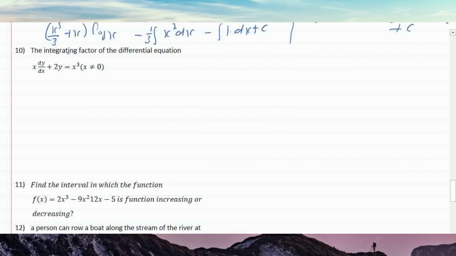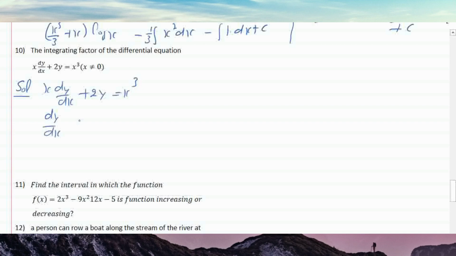Children, he says find the integrating factor. This is again a very easy question. How to do it? See, you have a question here: x dy over dx plus 2y is equal to x cube. So the first step is you just divide by x throughout.